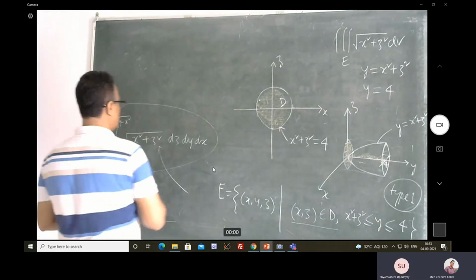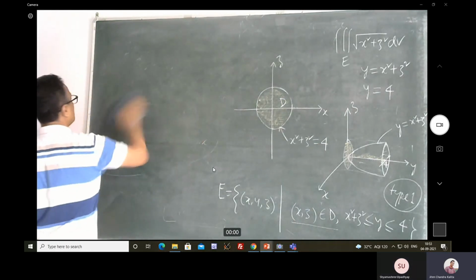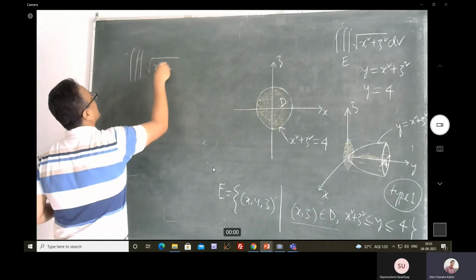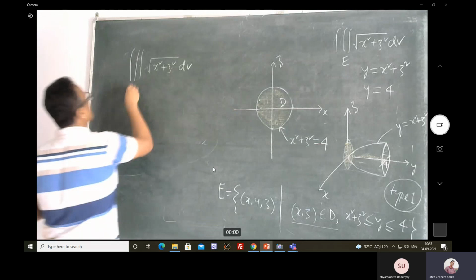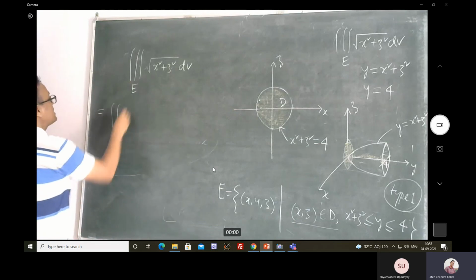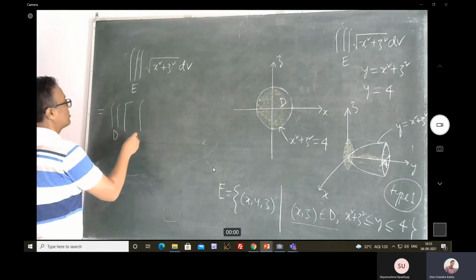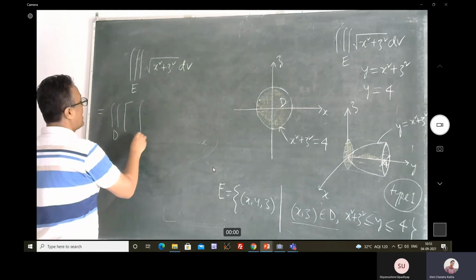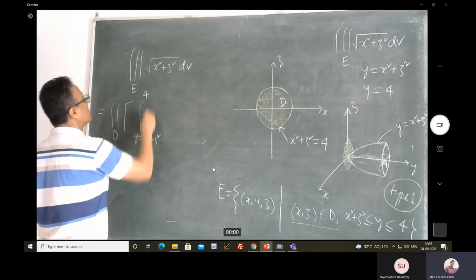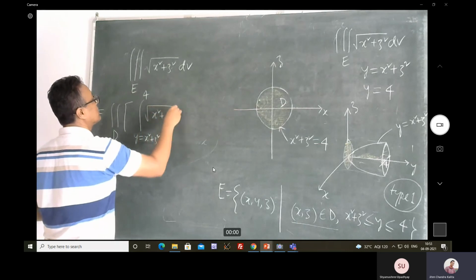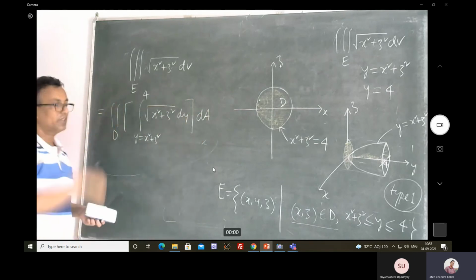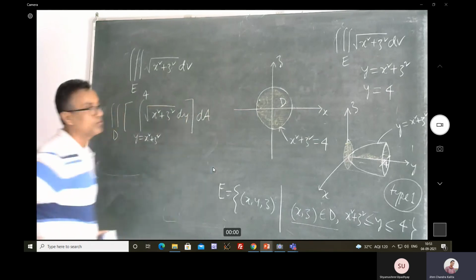So now, this integral of the square root of x squared plus z squared dV over this region E becomes the double integral over D of the integral, with y going from x squared plus z squared to 4, of the square root of x squared plus z squared dy, and I'm simply going to call it dA.